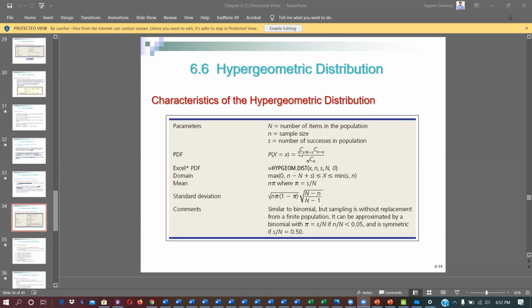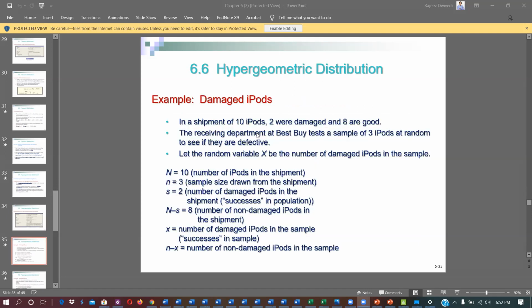For example, if 20,000 cars in Spokane County and we have taken a sample of 200 cars, if such kind of situation is given, then means population parameter is also given, then we are going to use hypergeometric. Whenever population is defined, this is the case.